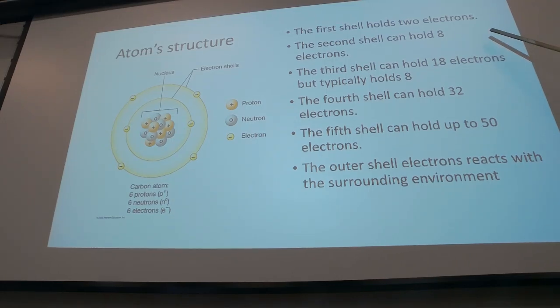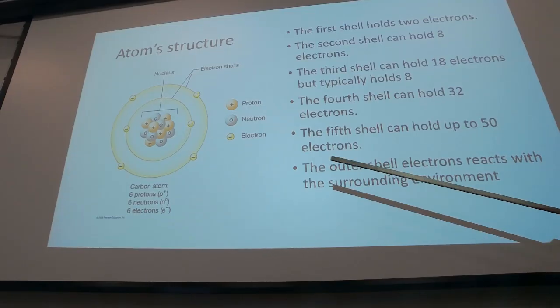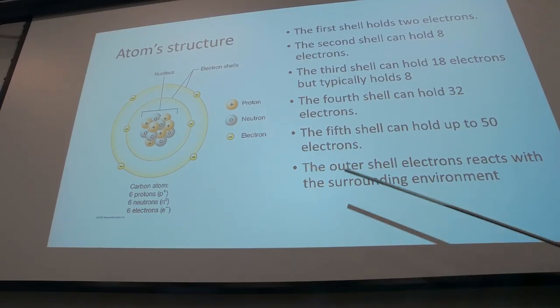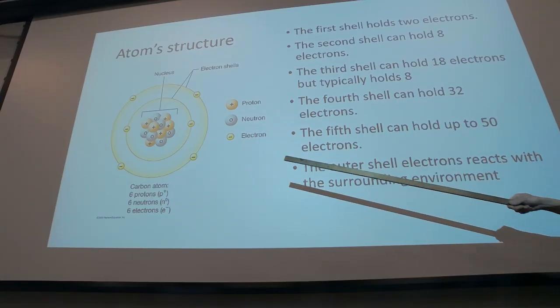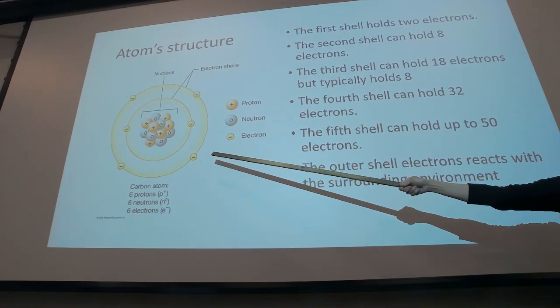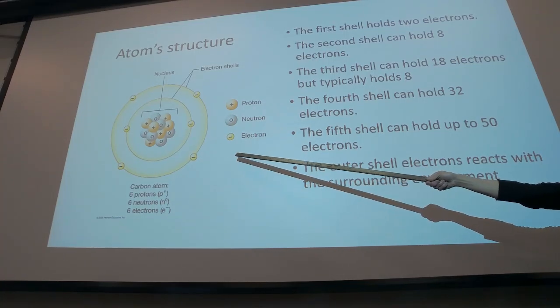So here is the number of electrons that each of these shells can hold. First, 2 electrons, second 8, third 8, fourth can hold 32, fifth shell up to 50. And the electrons in the outer shell, depending on how many shells these elements have, are the ones that are capable of reacting with other atoms.